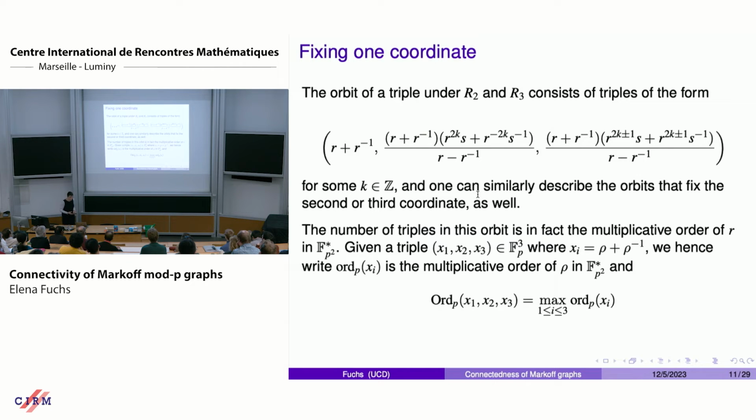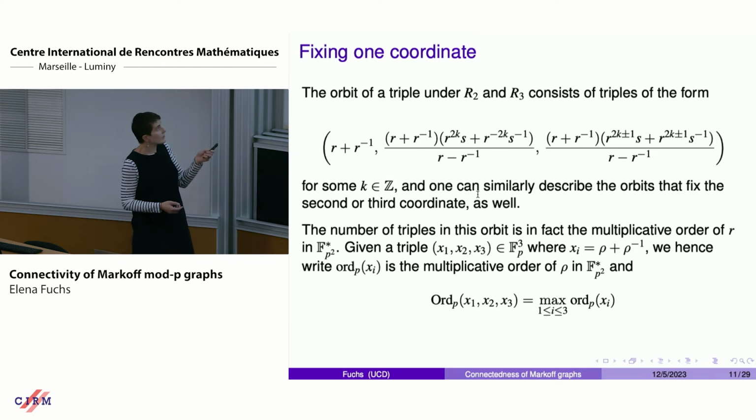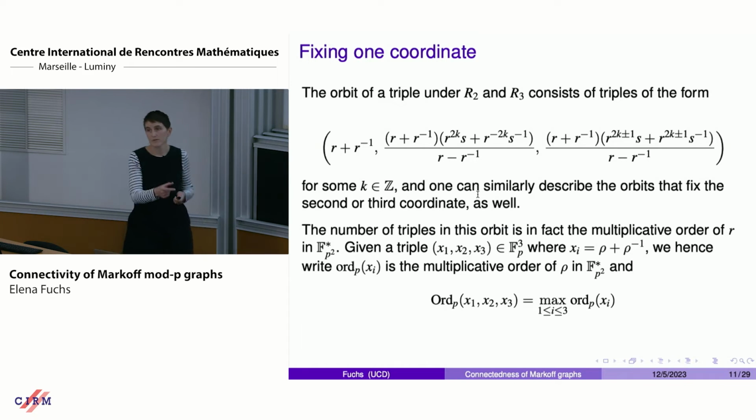For some notation, if you have a triple x1, x2, x3 in FP cubed, and xi is rho plus rho inverse in this same way, we are going to say the order of that coordinate, mod p, is the multiplicative order of rho. And the order of the whole triple, with a capital O, is the largest of these orders.